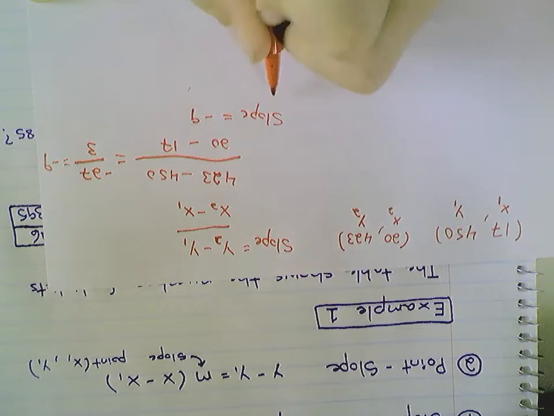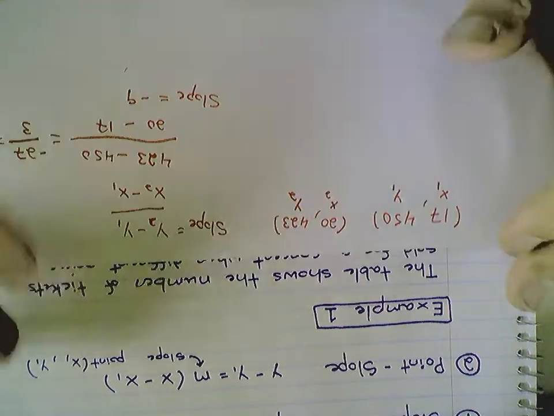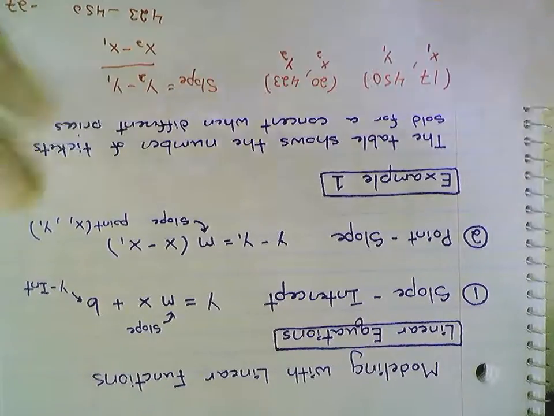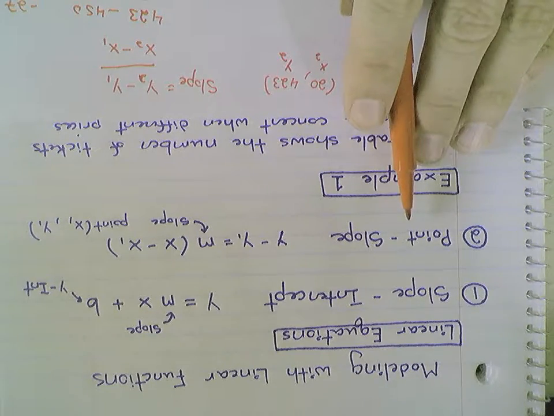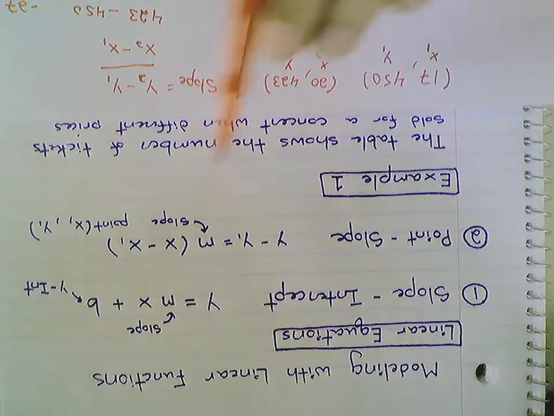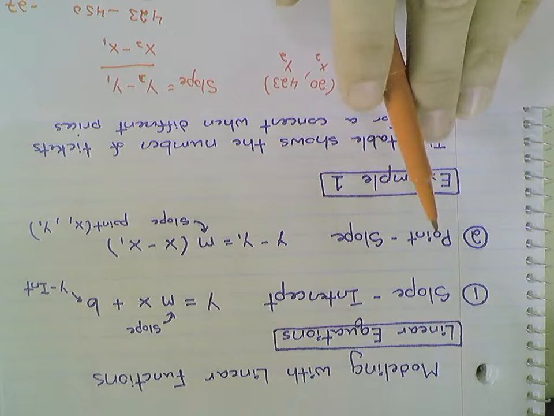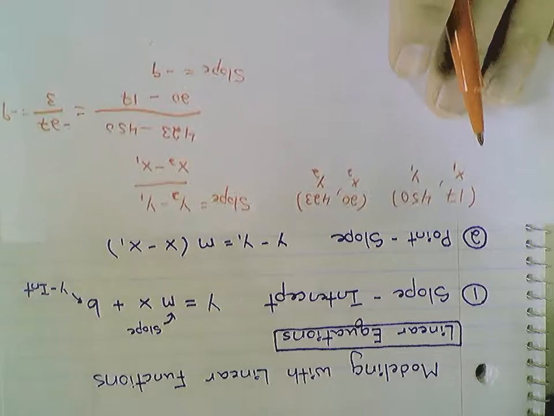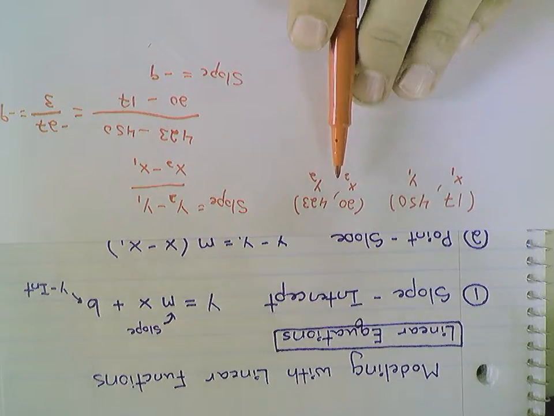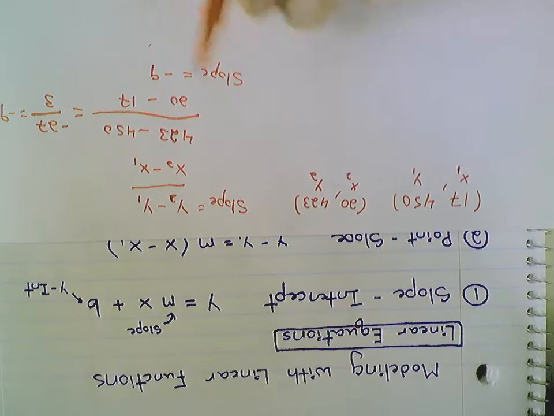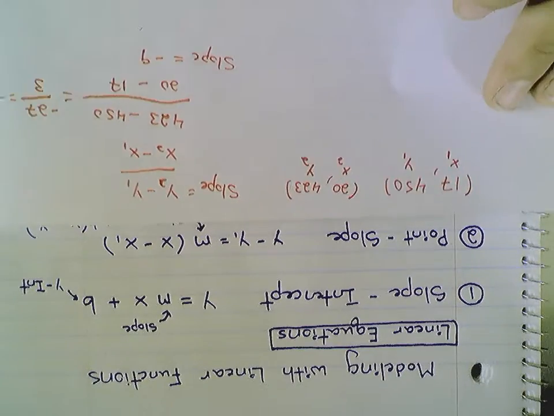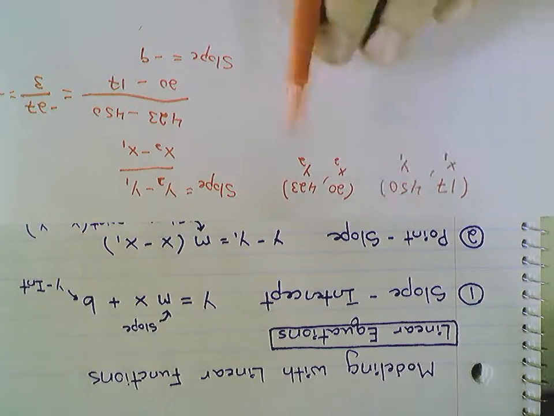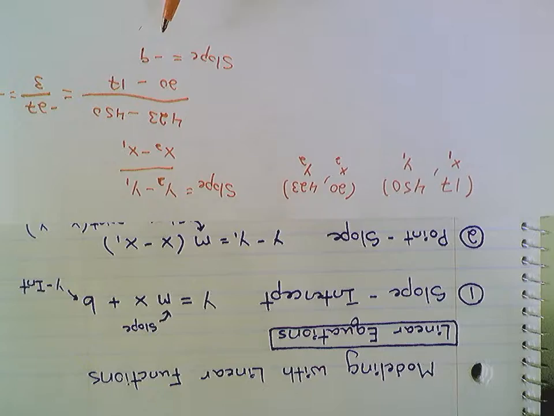Now, if I think about the 2 equations that I'm using, right now I'm focusing on using point-slope to model this. In order to use point-slope, I need both a point and a slope. If I look at what I have so far, I have 2 points and a slope. So to write it in point-slope form, I just need to choose one of the points, it doesn't matter which one, and then use the slope.